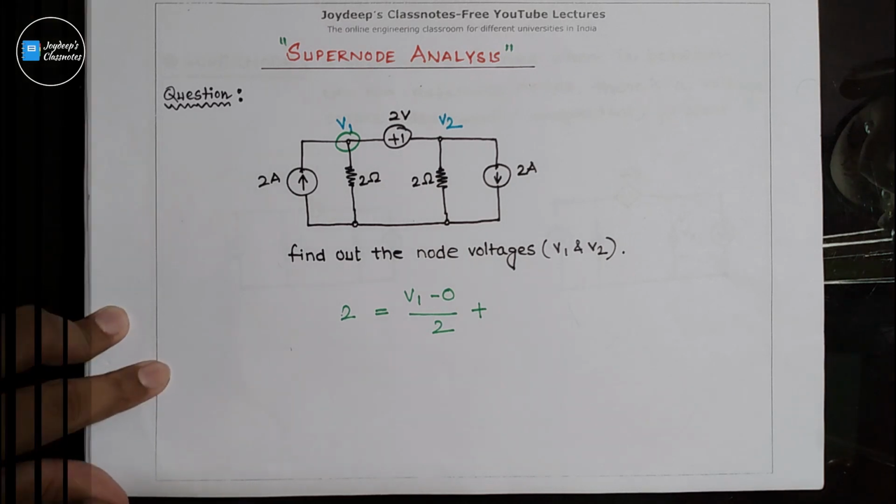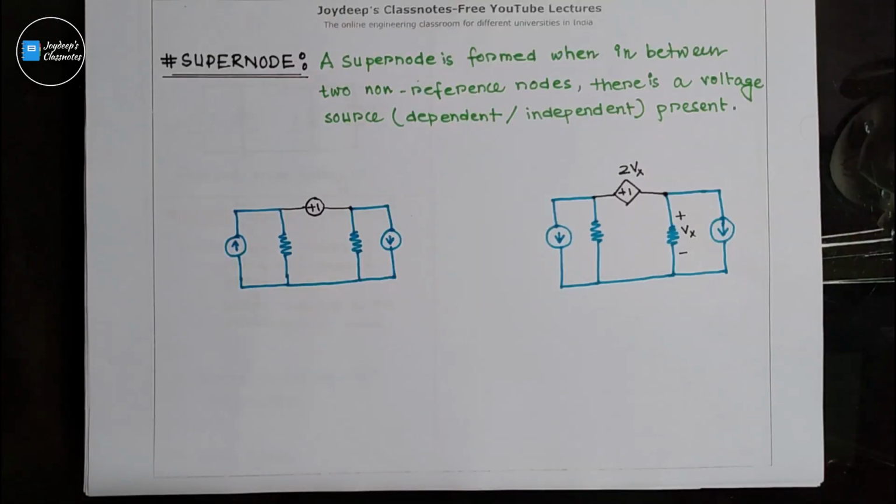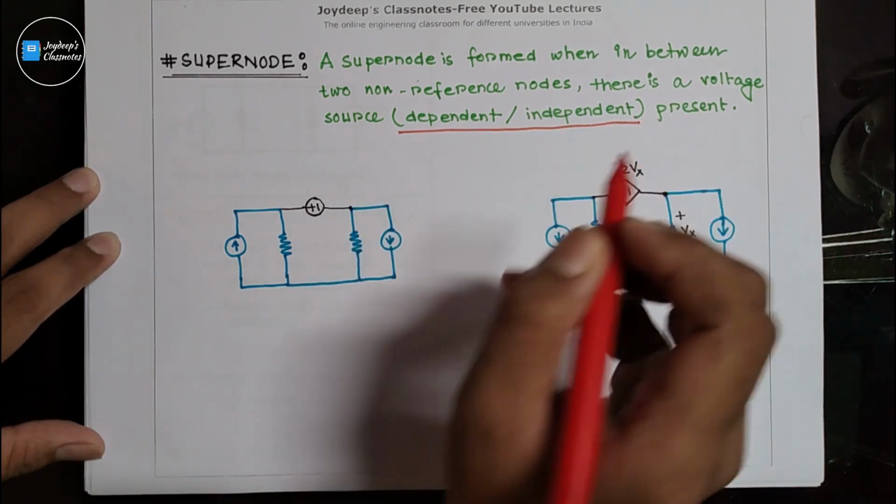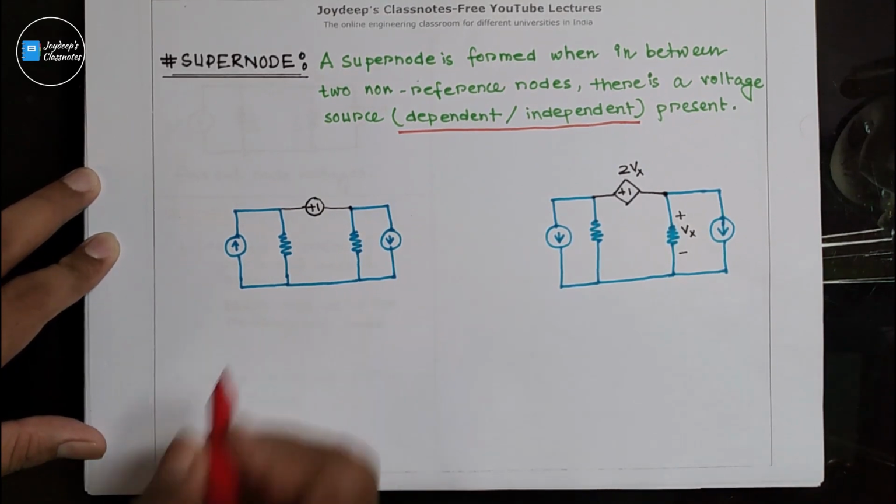So let's move to the next slide. Now, what is a supernode? A supernode is formed when there is a voltage source present between two non-reference nodes. That voltage source can be dependent or independent. Let's take this circuit for example.